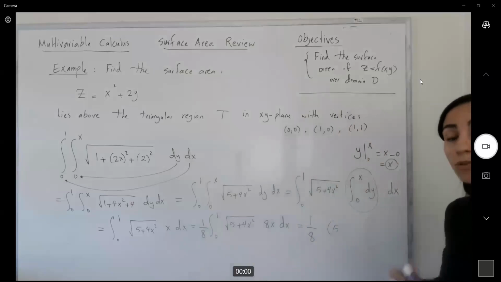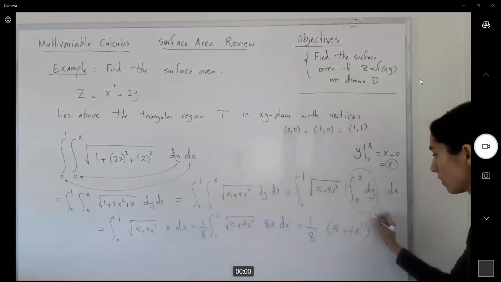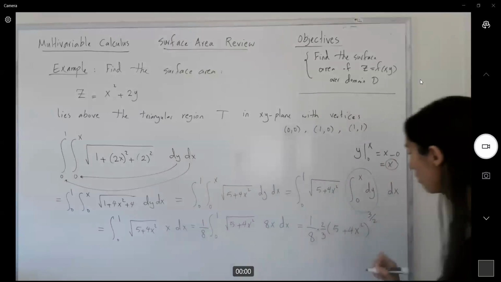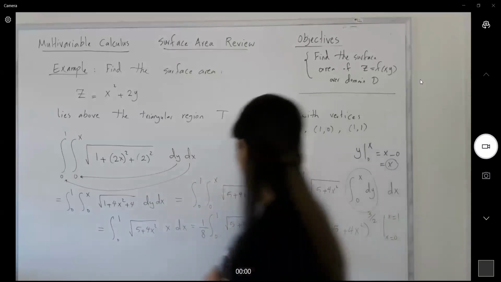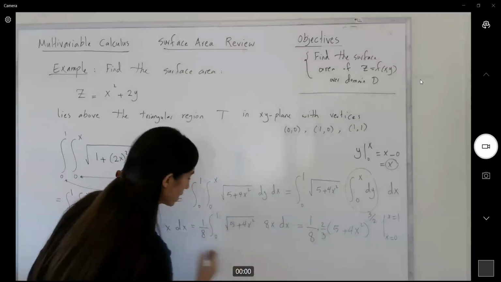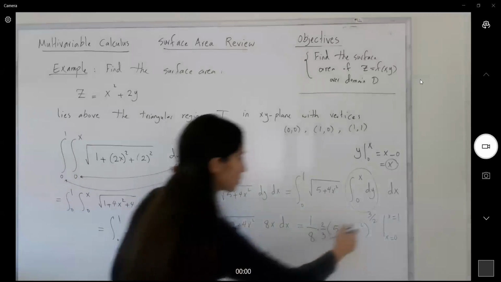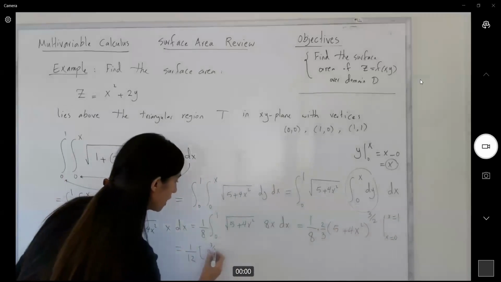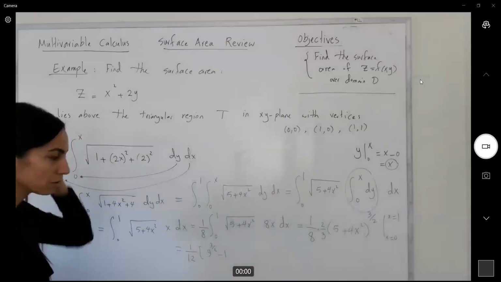Now it is just the square root of u du, which can be calculated as 5 plus 4x squared to the 3/2 times 2 over 3, where x ranges between 0 and 1. Let's simplify that. We get 1 over 12. If I plug in 1 here, we get 9 raised to 3/2, minus, if I plug in 0 here, I get 5 raised to 3/2.